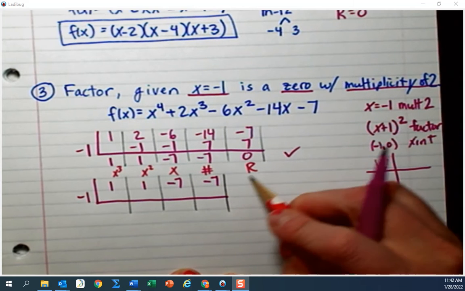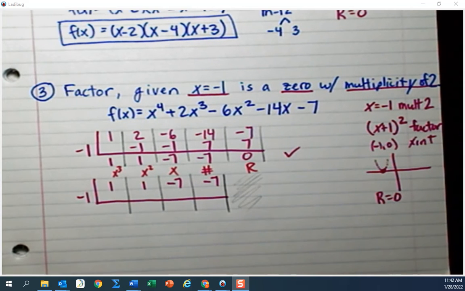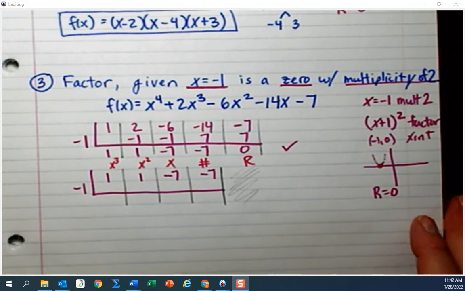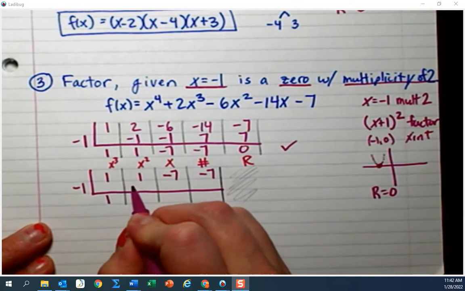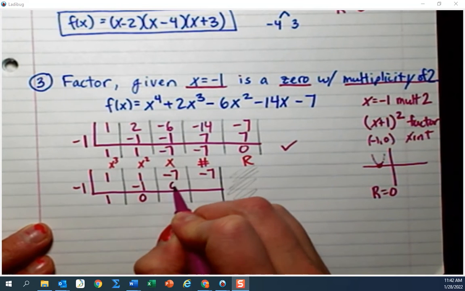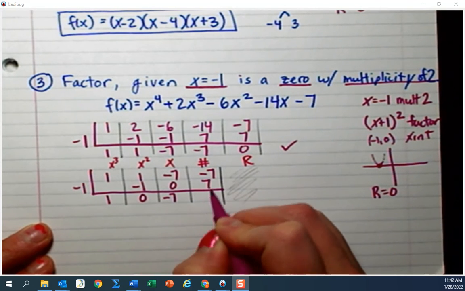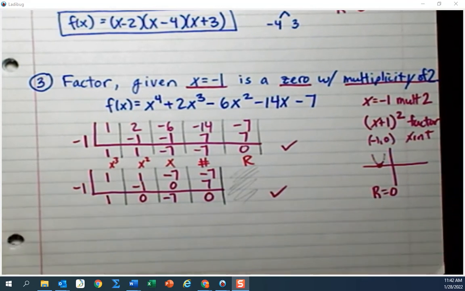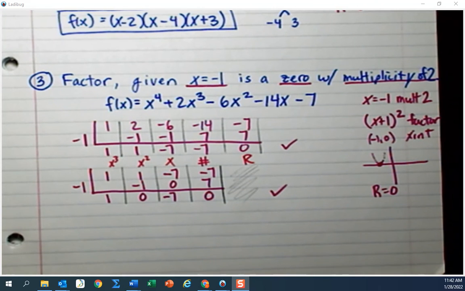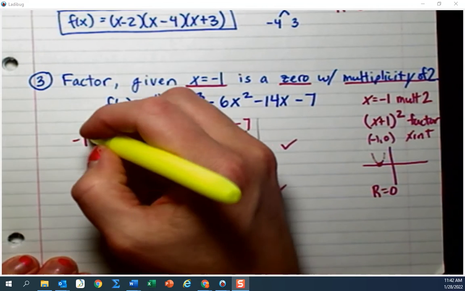We're missing the last column because we already did one round of division. Oh, I got a remainder of 0 again. It's because it was a multiplicity of 2. And I'm still going to highlight the outside L, and that's still going to give me the factors.